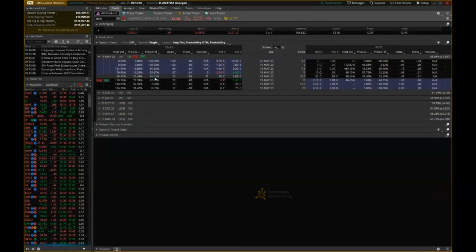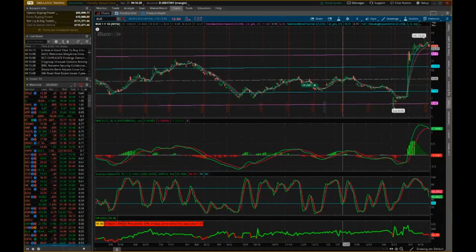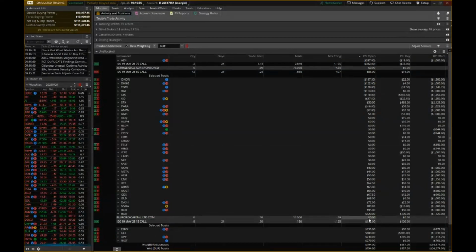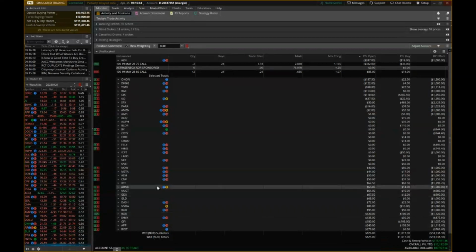So we've got the 75 call. Wait, what? Where'd BUR drop down here? Oh, that was weird. Went from a big loss to a $120 gain. So weird.